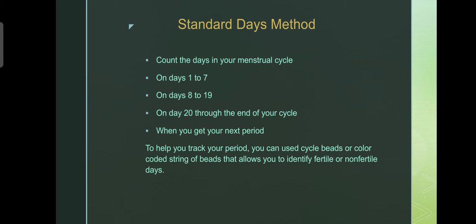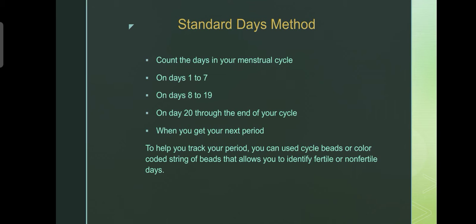Here is also the standard days method, the modern one in the calendar method. First, count the days in your menstrual cycle: days 1 to 7, days 8 to 19, days 20 to the end of your cycle, and then when you get your next period.